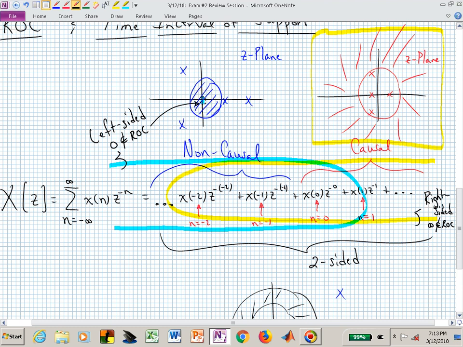I've now had a hole punch, a very tiny hole punch, and I've excluded the origin in that disk. And that allows me now to have a more general time domain sequence or a left-sided versus just a non-causal.